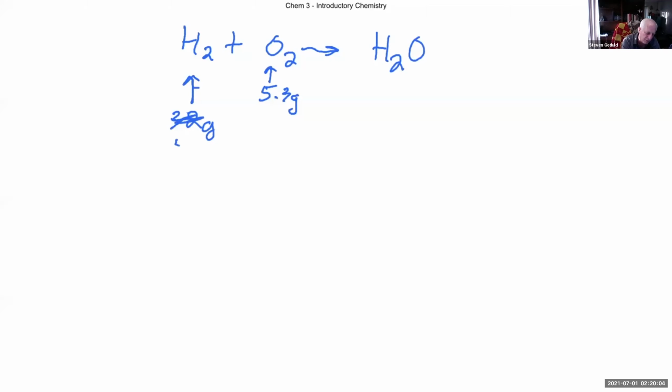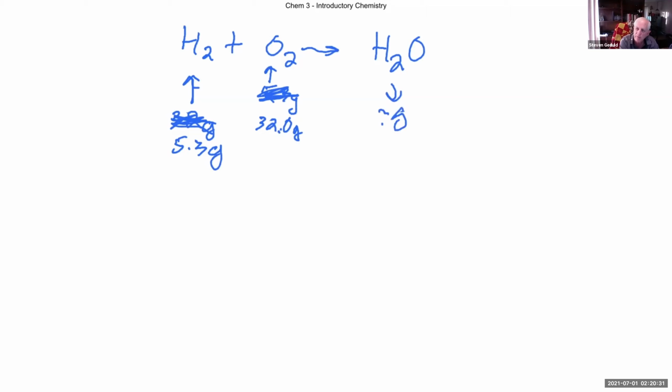Let's do 5.3 grams of hydrogen and 32 grams of oxygen. Okay, run it that way. That'll be a little closer that way. All right. So 5.3 grams of hydrogen, 32.0 grams of oxygen. How many grams of water is being produced?